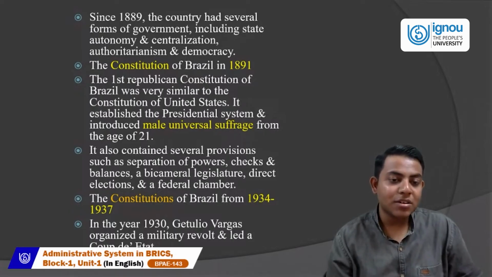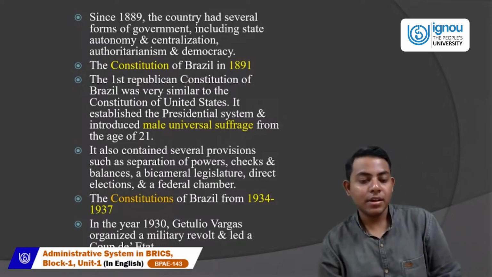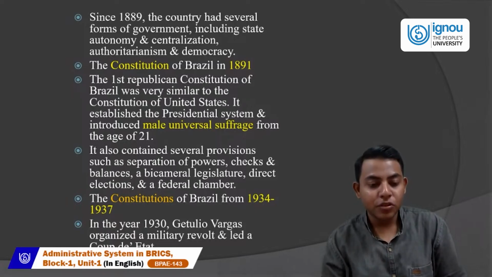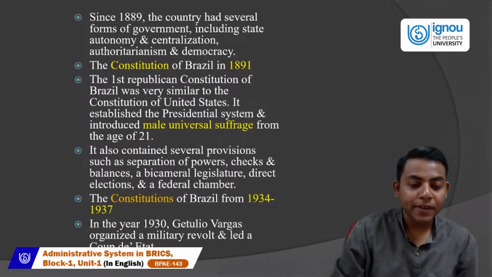Now let us discuss the constitutions of Brazil from 1934 to 1937. In the year 1930, Getulio Vargas organized a military revolt and led a coup d'etat. So there was a coup that took place in Brazil in the year 1930.